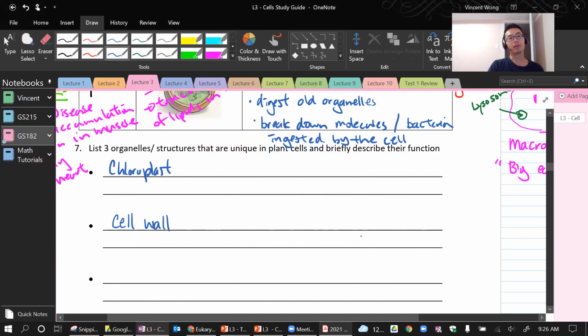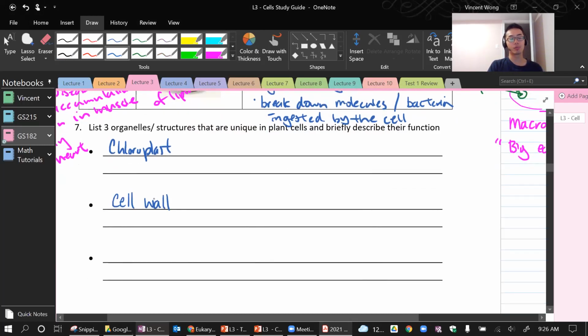Now compared to animal cells, we don't have cell wall. But bacteria, for example, could have a cell wall. And there's one more that I'm looking for. Anyone else know what the last one is? Okay, I'll do the last one. It's called the central vacuole.